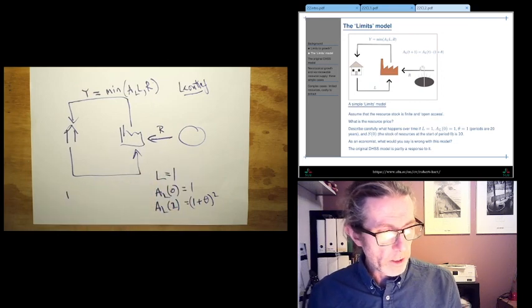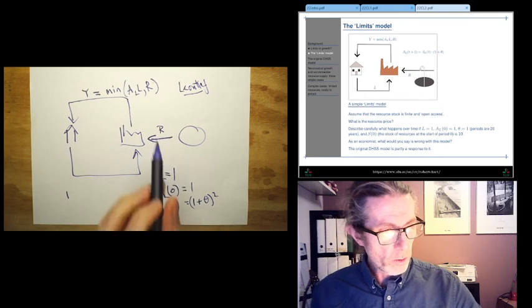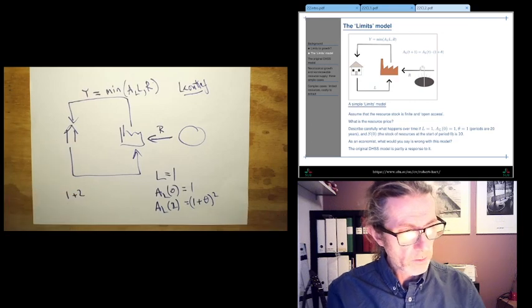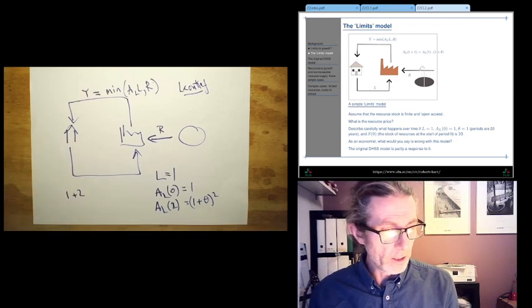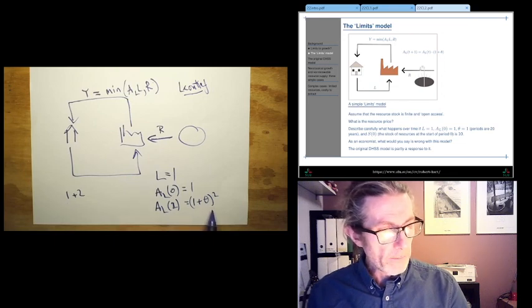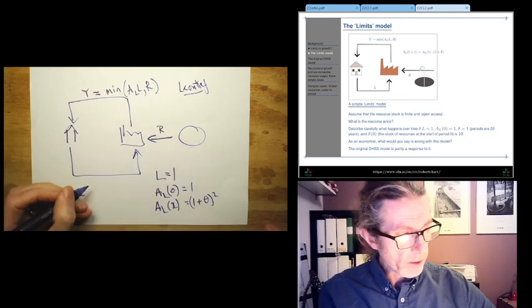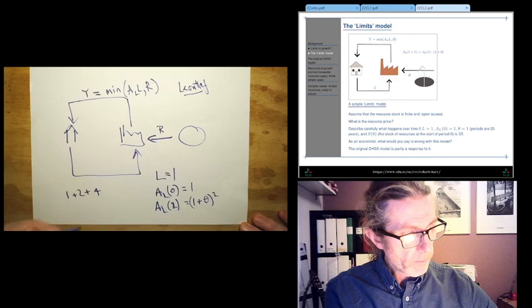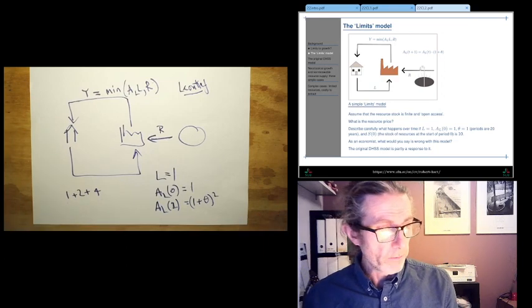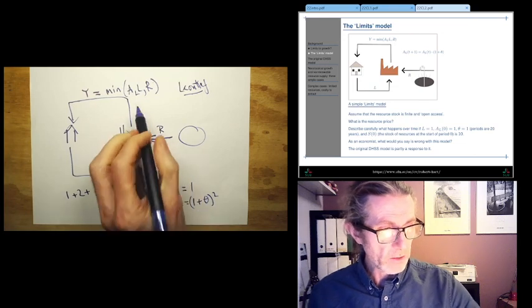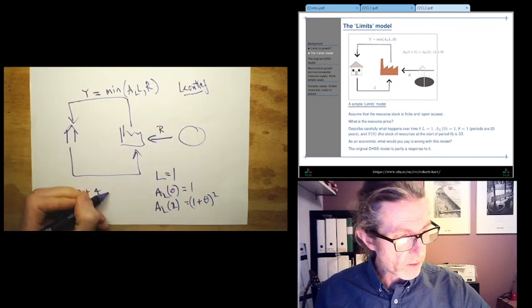In the second period, AL has become 2, AL times L is 2, so they're going to grab 2 units. In the third period, AL has become 4, it's doubled again. So AL times L is 4, and now they're going to grab 4 units. In the fourth period, AL is 8, AL times L is 8, they're going to want 8 units.